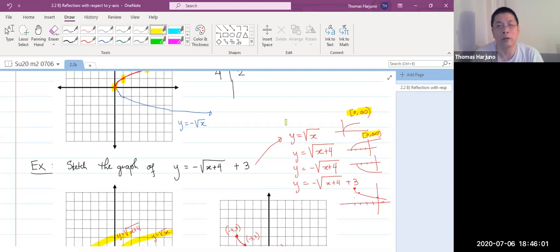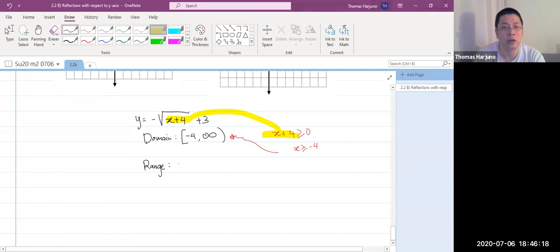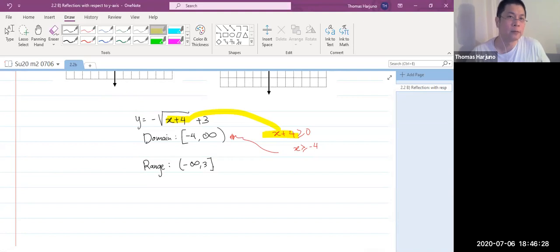But when we invert it upside down, the range becomes inverted also: negative infinity up to 0. Then when we move it up 3 units, we end up with the range negative infinity up to 3. So to find the domain and range, especially the range, you need to be able to imagine what the graph looks like.